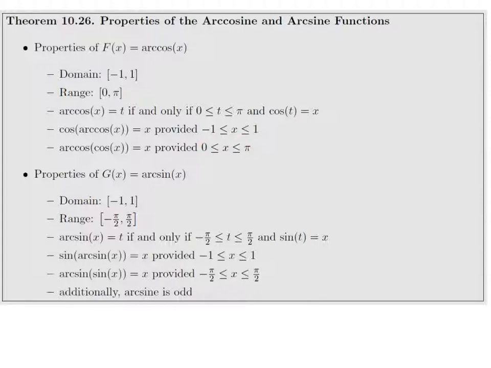So cosine and arccosine essentially reduce, leaving just x. You can say they cancel, because they're inverse functions, and that's actually what's happening. But you have to make sure you're in the domain and range for these to actually reduce. Same with arcsine, the domain and range is given, and they essentially reduce, assuming you're in the correct domain and range. Additionally, arcsine is an odd function.